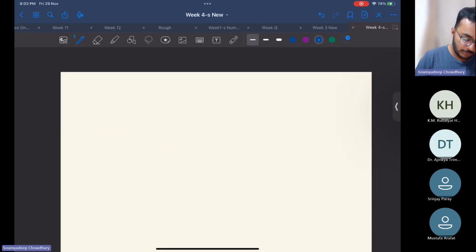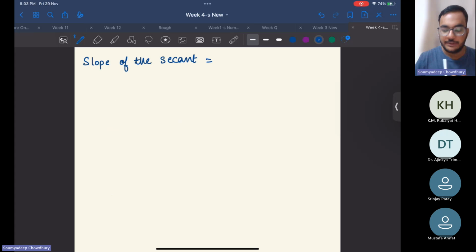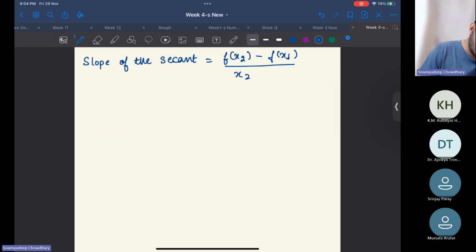If we try to find out the slope of the secant, it is basically y2 minus y1 by x2 minus x1, right? So it is between x2 and x1. So it is f of x2 minus f of x1 upon x2 minus x1. This is given by the slope, that is m.